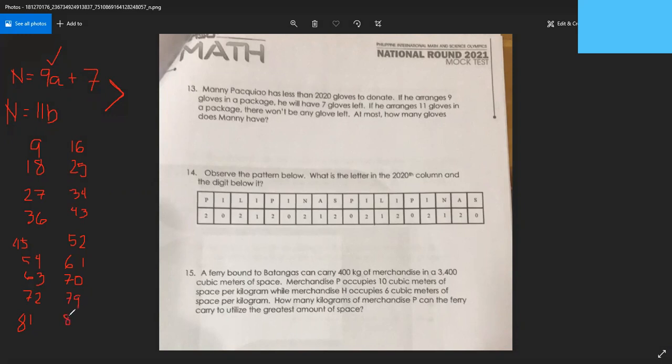And there you go, we have that number. So 88. Later on we're going to use that 88.